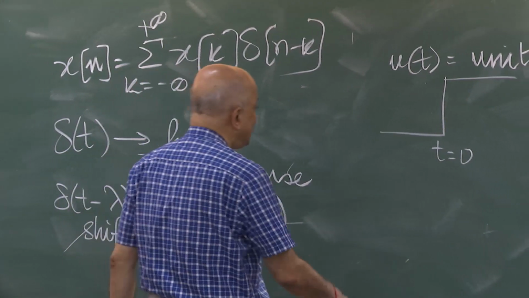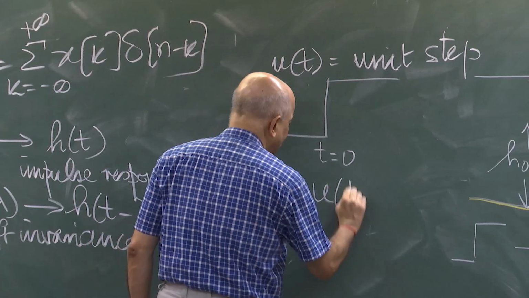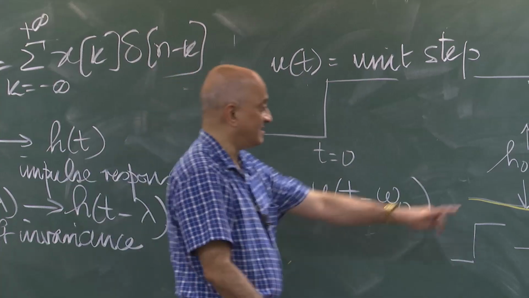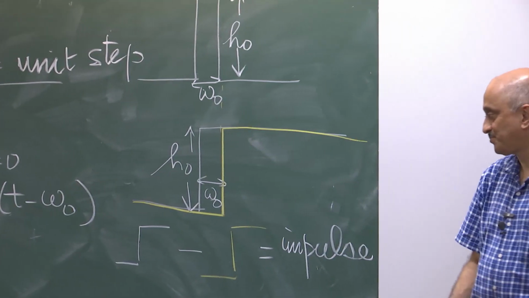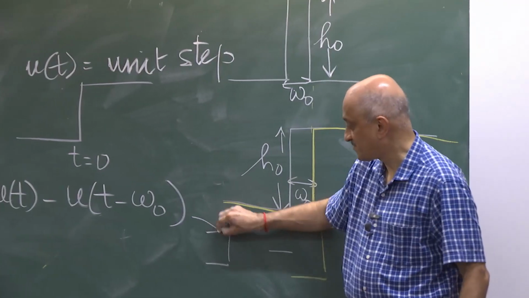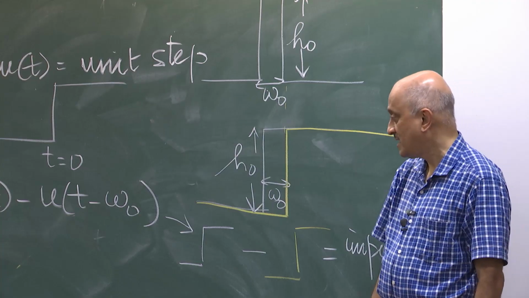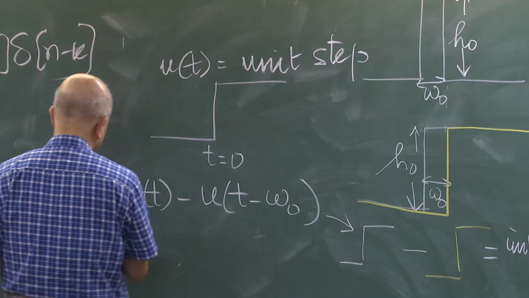Now, u(t) minus u(t − w0) is this white minus yellow, right? Except that you need to multiply it by h0, right?